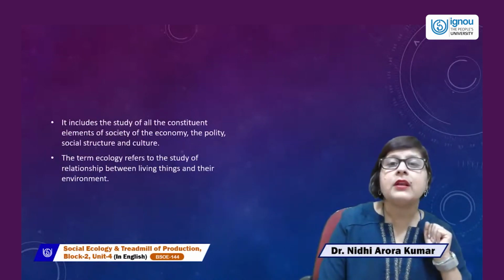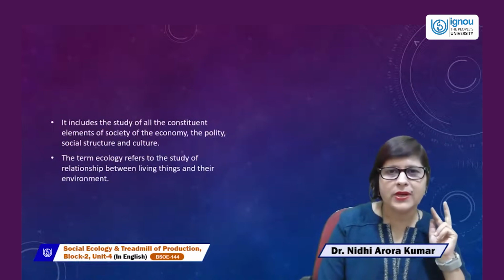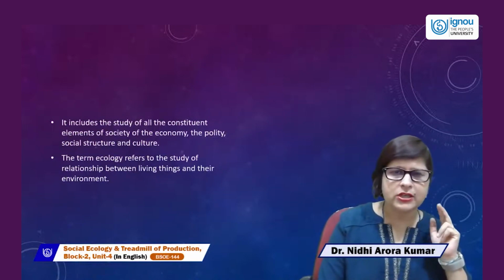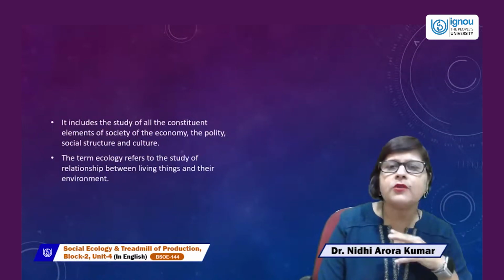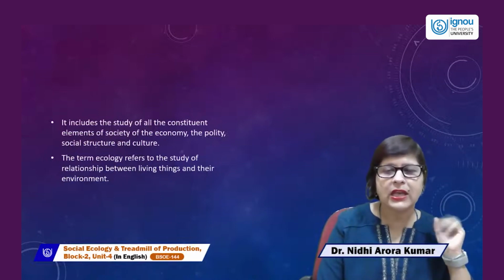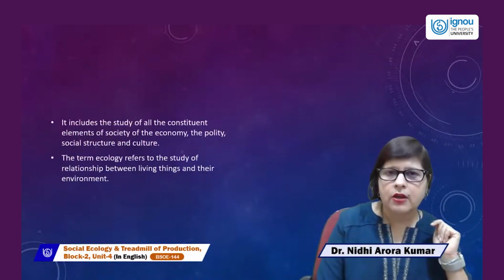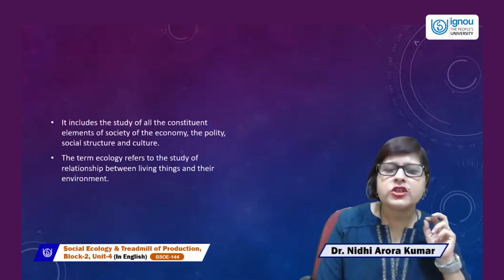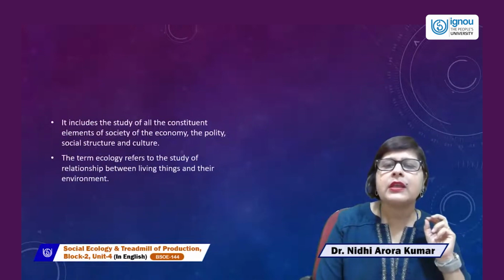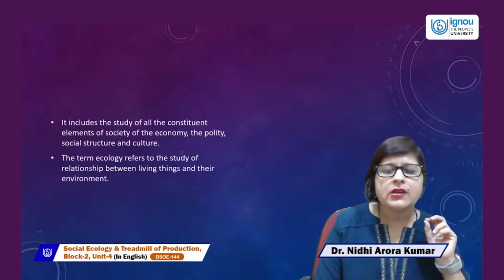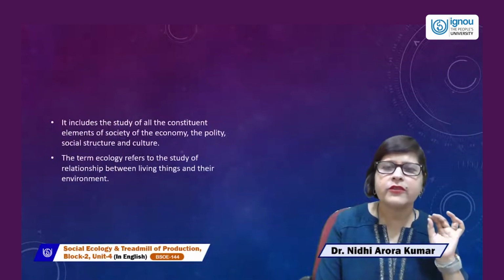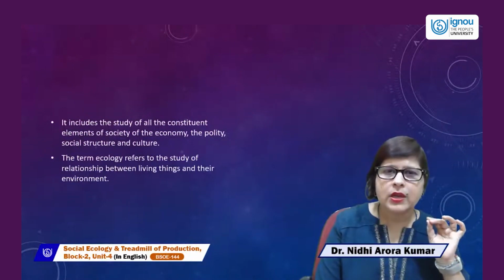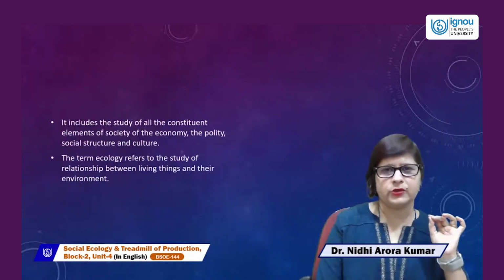And the term ecology, because it is made up of two words, society and ecology. Society means human society, and it includes all the aspects of human society. The term ecology refers to the study of the relationship between living things and their surroundings.